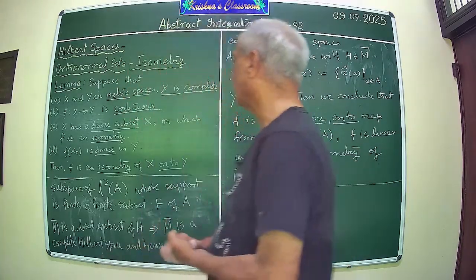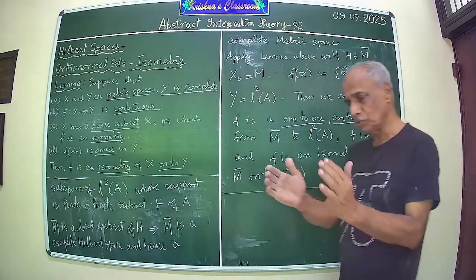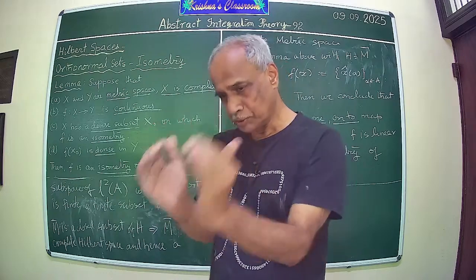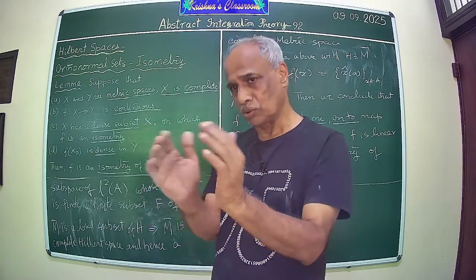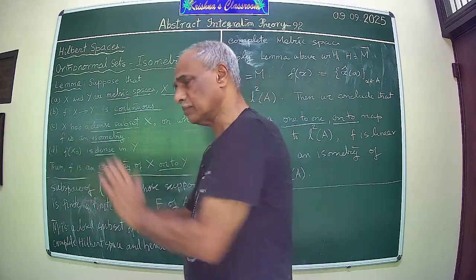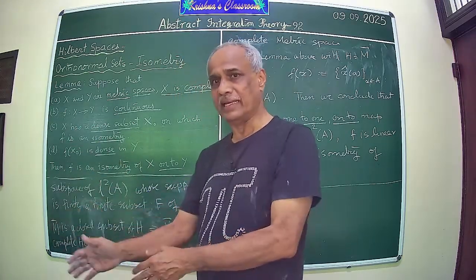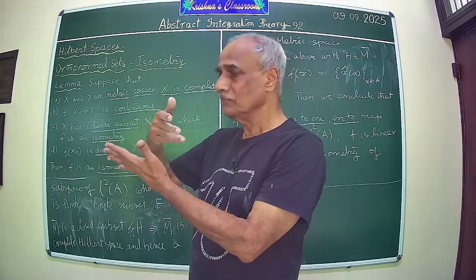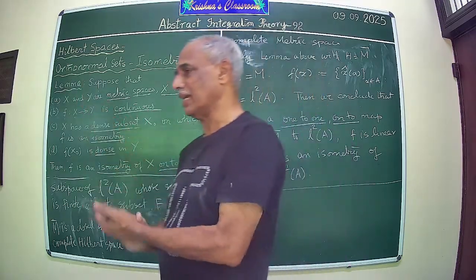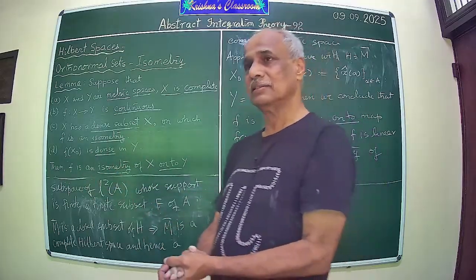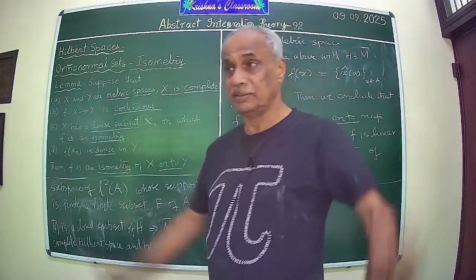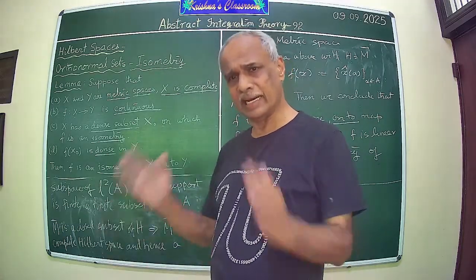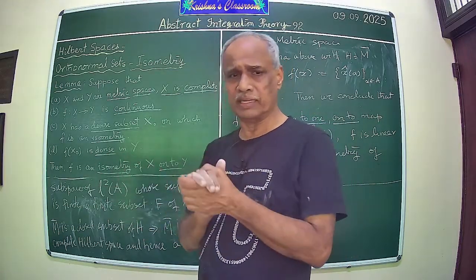Before I wind up, I will also say that what we have shown is: you started with a Hilbert space, you have taken a subspace of that, and the closure of that subspace is isomorphic to L to A. We are not assuming that the index set A and the collection U alpha takes care of all the possible orthonormal elements in the space. It's only a set of orthonormal elements.